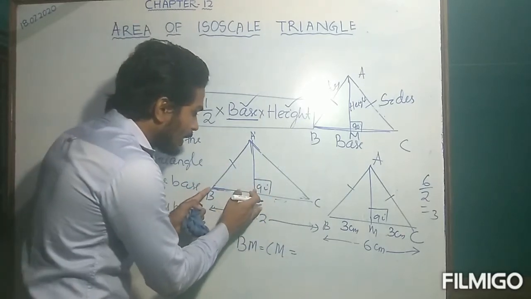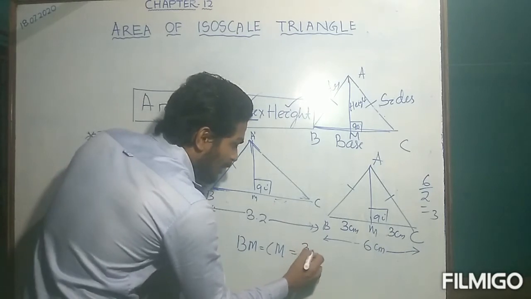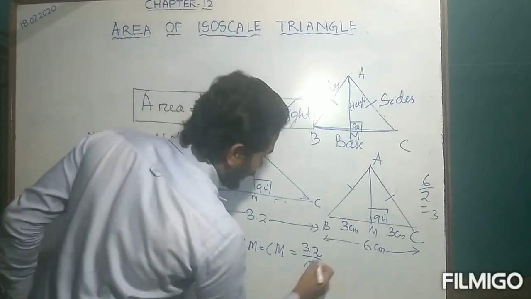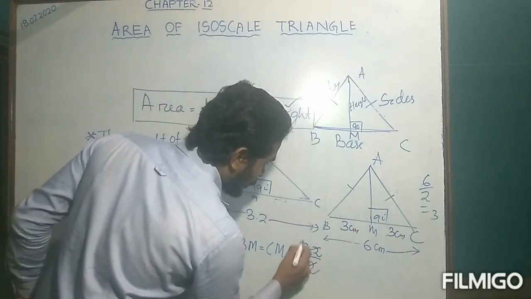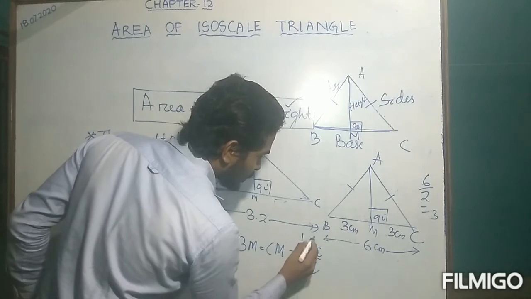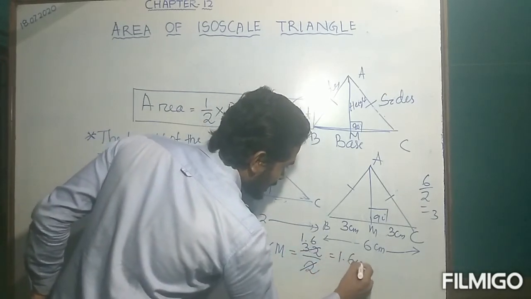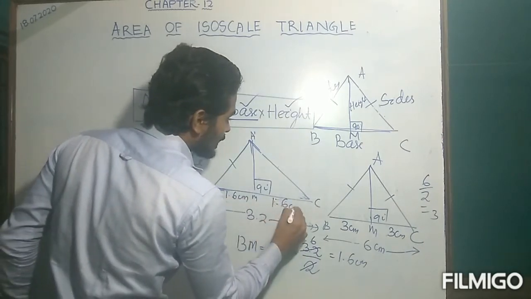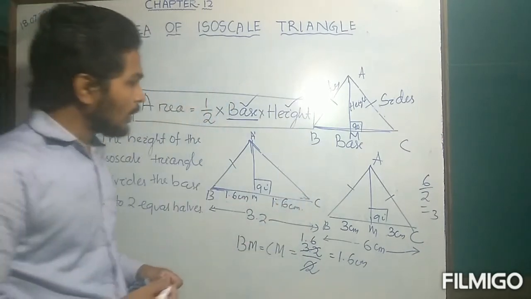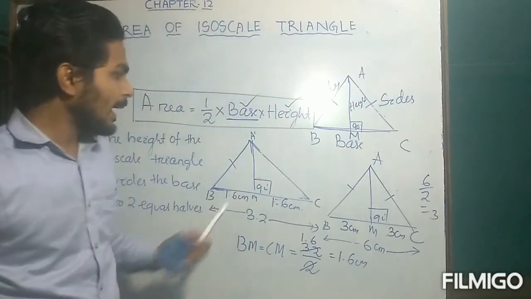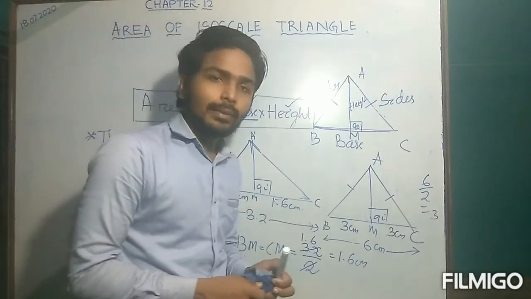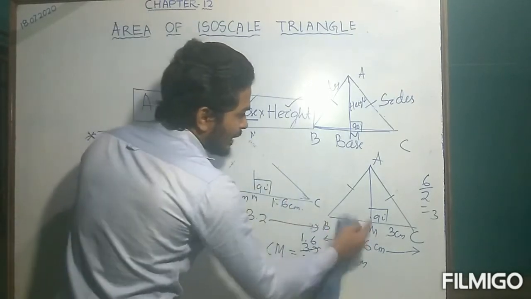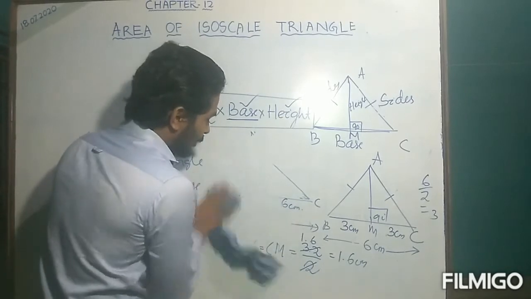So BM is equal to half of 3.2, that is 3.2 by 2. That is 1.6 cm. You can write this is 1.6 cm, this is 1.6 cm. Now it is clear that the height of an isosceles triangle divides the base into two equal halves, so that BM is equal to CM.